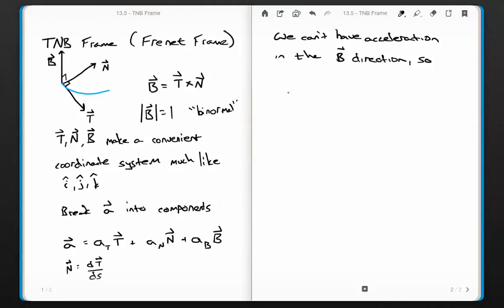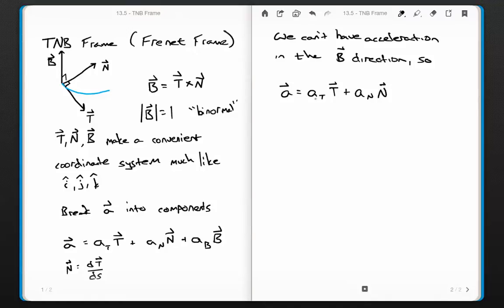So the acceleration vector can be broken into just two components, always just two components, even in 3 dimensions. And that is A_T times the unit tangent vector plus A_N times the unit normal vector.